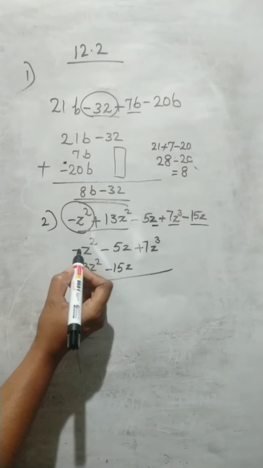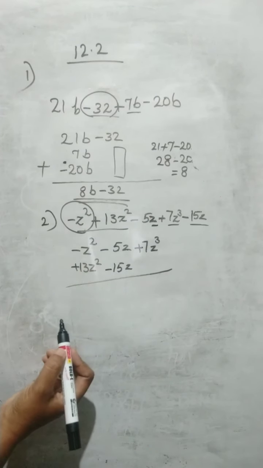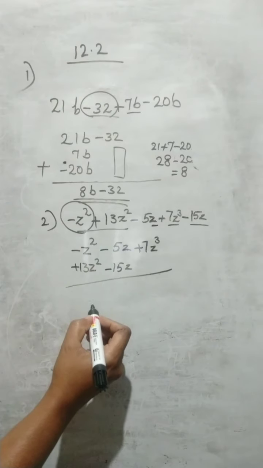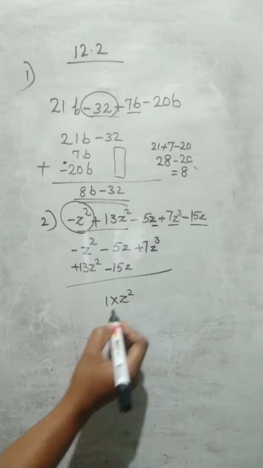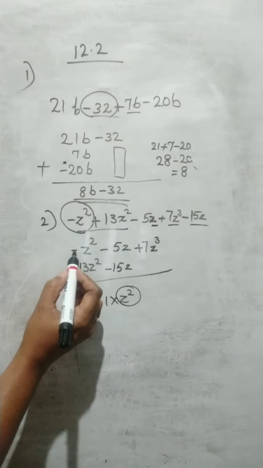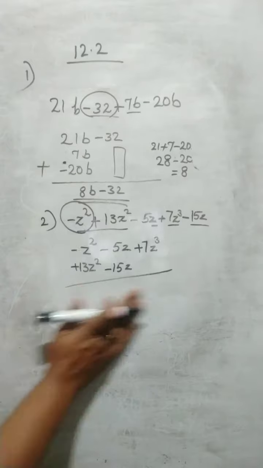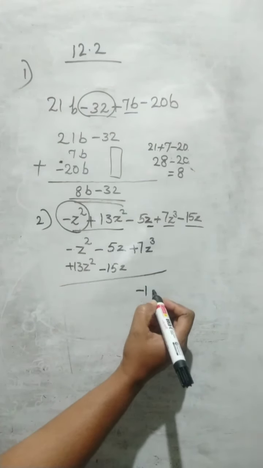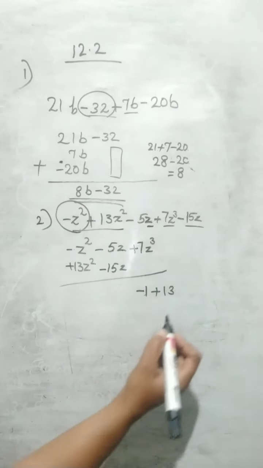Here minus z square. What is the coefficient of z square? We know that if there is no number, it is 1 times z square. So the coefficient of z square is negative 1. So we can add: negative 1 plus 13.